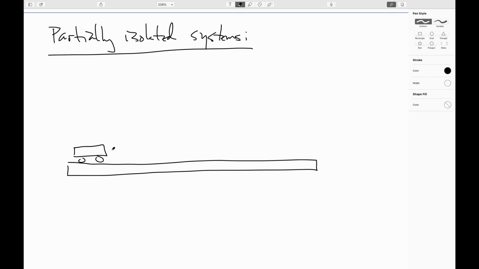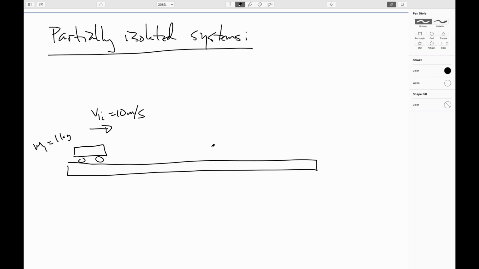And just to give a nice concrete number for this, let's say it's got a mass of 1 kilogram. And let's say the cart is moving initially at 10 meters per second.